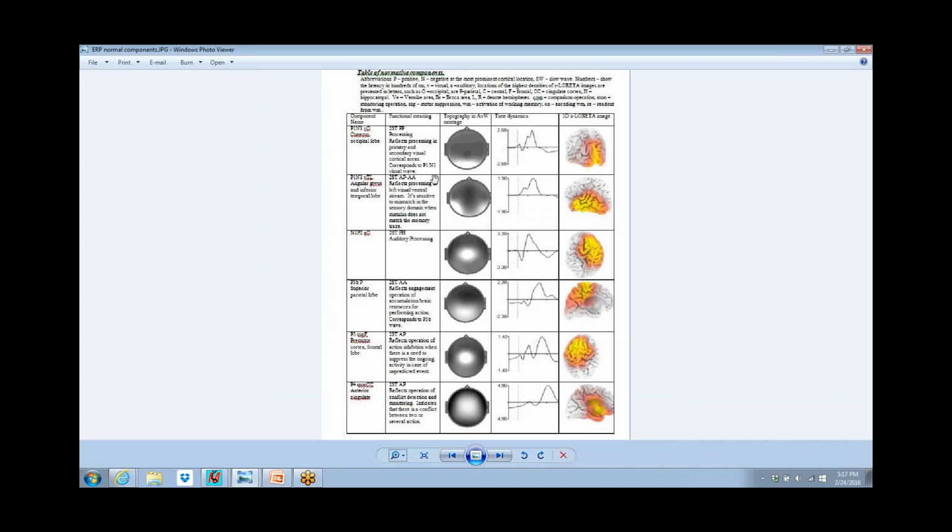So the ERP analysis here is using the independent components to break it down into its component parts. The ICA has been used on the ERP.